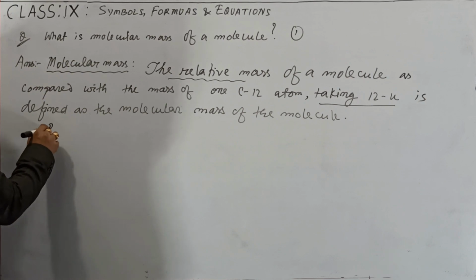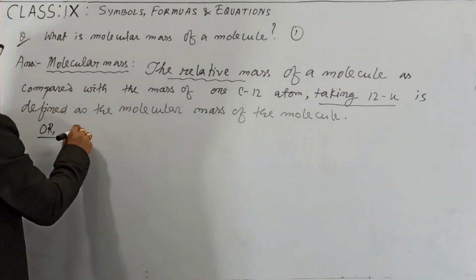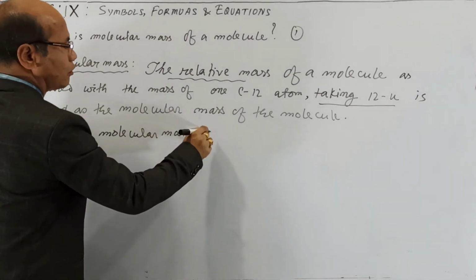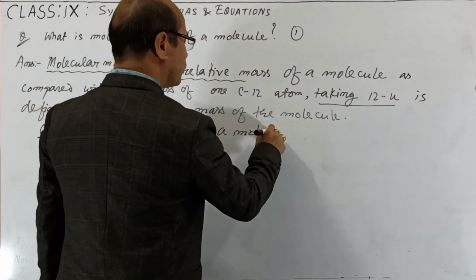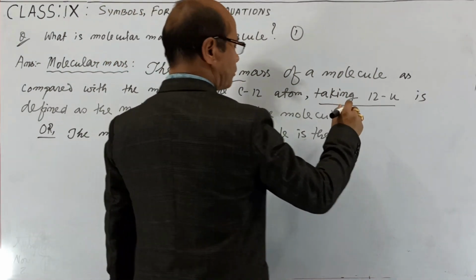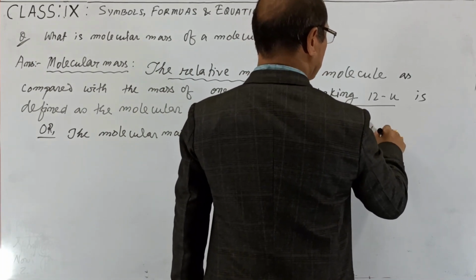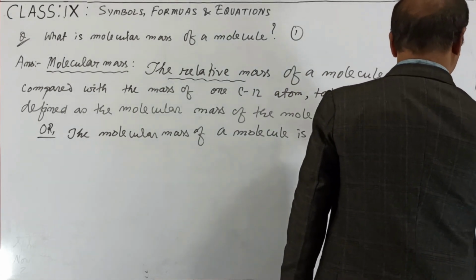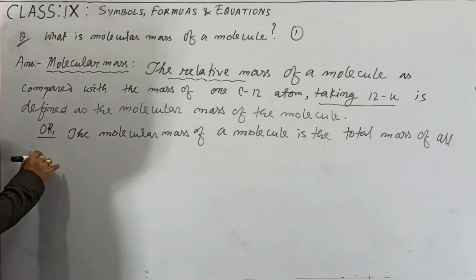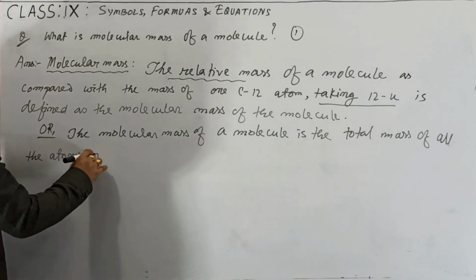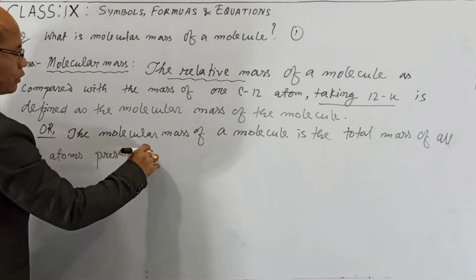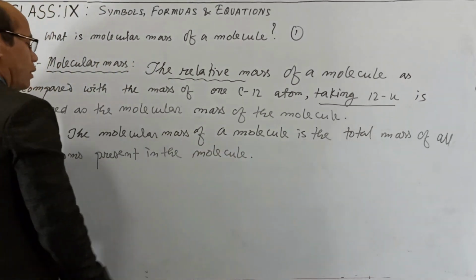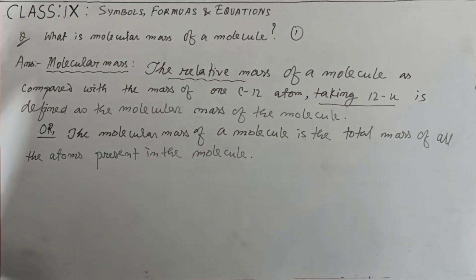Or sometimes you can write the definition very simply, like this: the molecular mass of a molecule is the total mass of all the atoms present in the molecule.